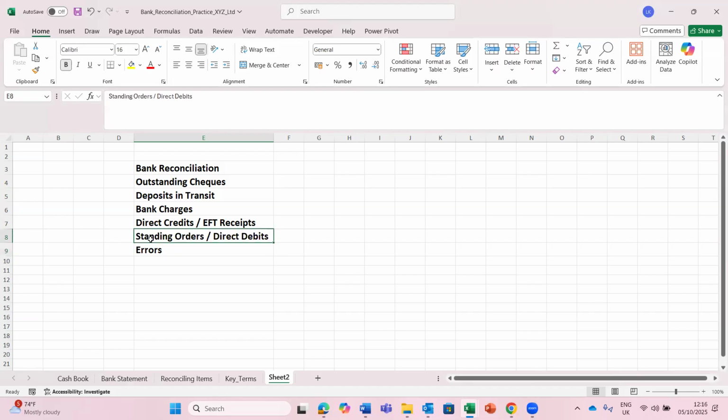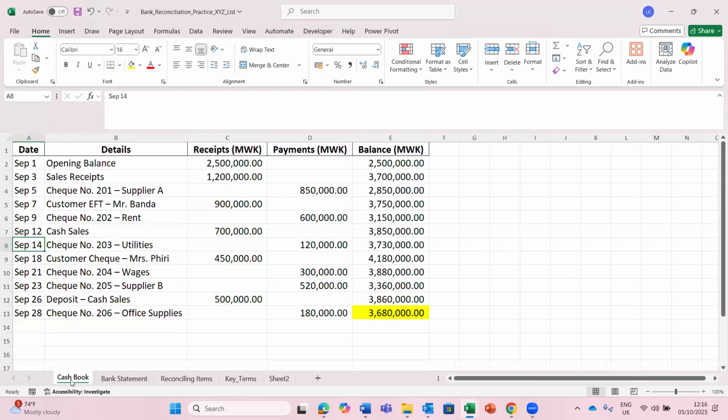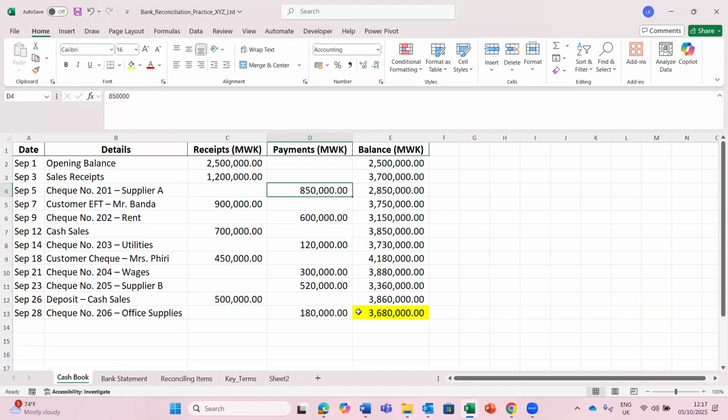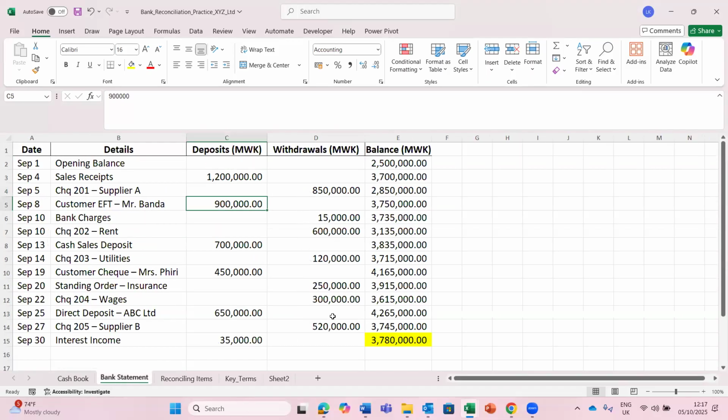And at the same time by the company or the client, instead of recording 850,000 you can record it as 85,000. So errors contribute to these two balances not agreeing.